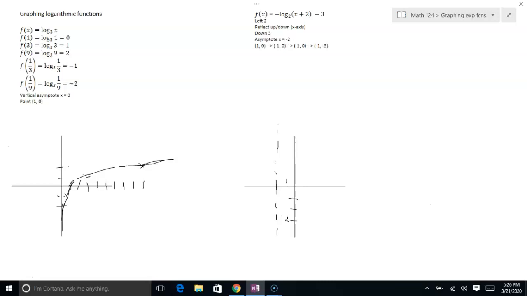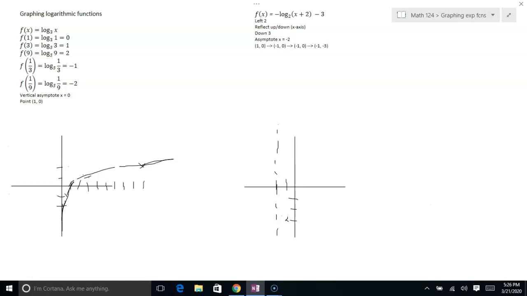My original logarithmic function went slowly up to the right with a vertical asymptote going down to the left. I'm reflecting that, so everything up goes down, everything down goes up.